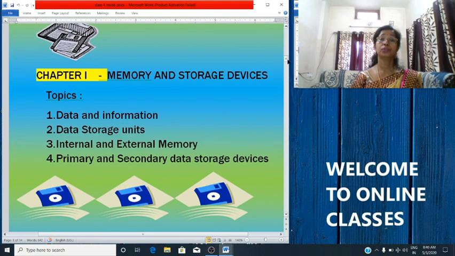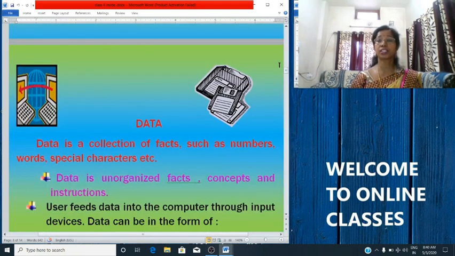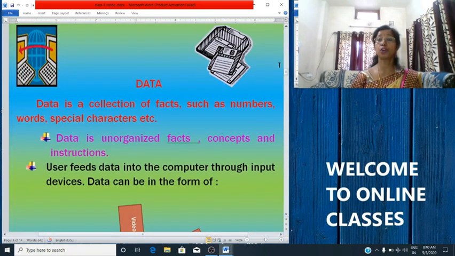Now, we will start with the first lesson. First topic: data and information.